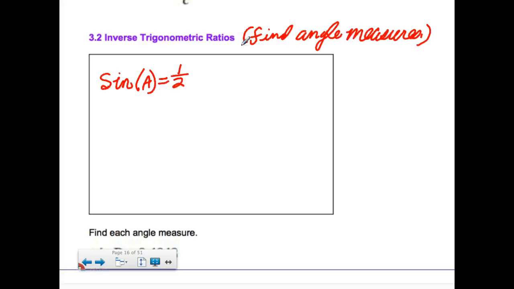What I'm telling you then is that I know the ratio of the opposite side to the hypotenuse is 1/2. And the question becomes, what is the angle measure? What I do is I use the inverse key. And I say, well then, to get that angle A's measure, I can do sine inverse 1/2. And my calculator will tell me what the angle measure is.